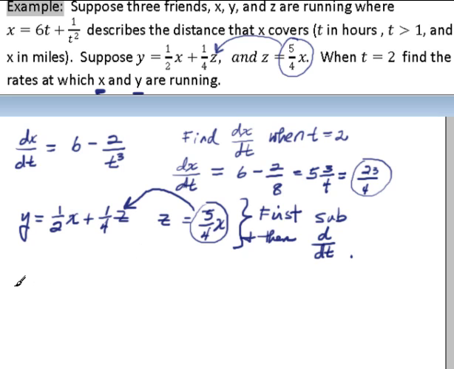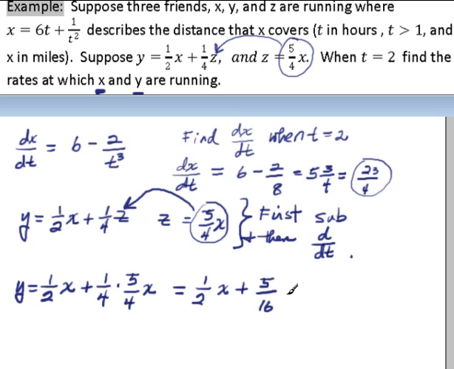Okay, so let's do the substituting. y is equal to 1/2 x plus 1/4, and now instead of z we're going to write 5/4 x. So what's that equal to? That's 1/2 x plus 5 over 16 x. So just add, and change 1/2: 1/2 is equal to 8 over 16.